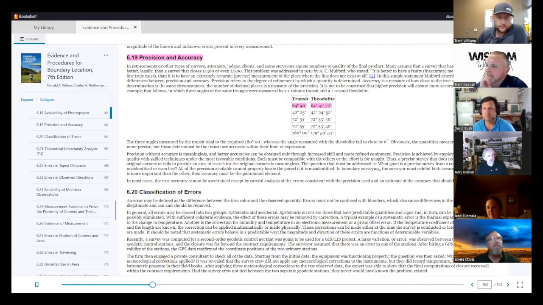Is that confusing enough? Yeah, the manual you're referring to is the specifications for standards of accuracy or something like that. Yeah, I've got a copy of it. There are actually several different manuals, but the accuracy one, everybody should have it. If you read that manual, it really helps you understand that you can do the survey with any number of pieces of equipment with different degrees of precision built into each one.